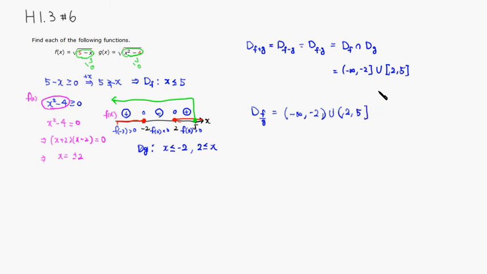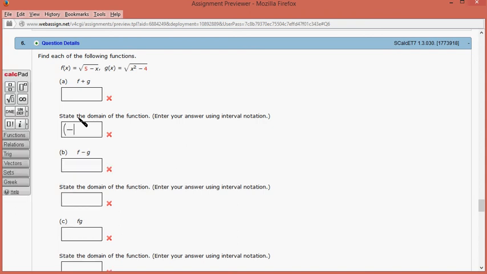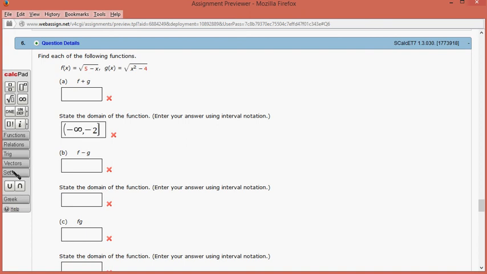Alright, let's type this in. The domain of this one is negative infinity to negative 2, then the union with 2 to 5. The same thing here: negative infinity to negative 2, union, 2 to 5.